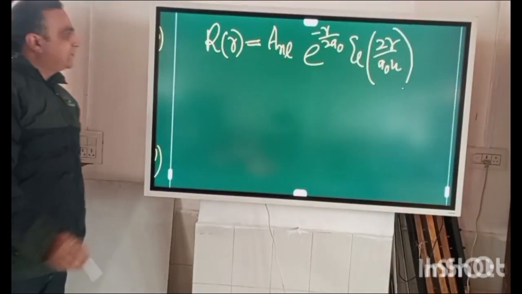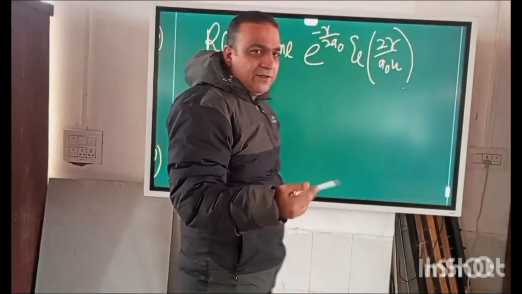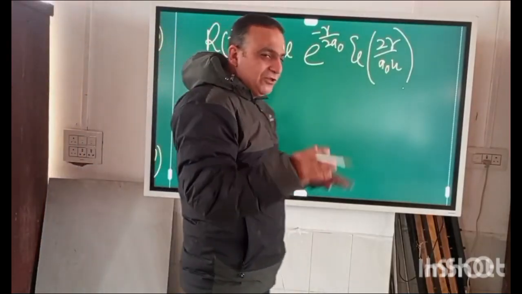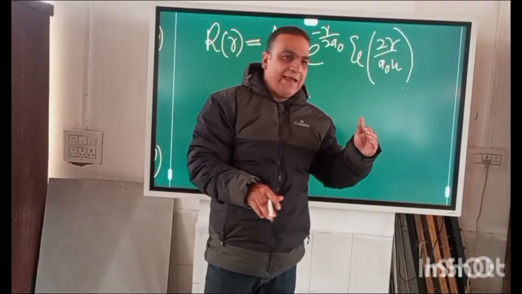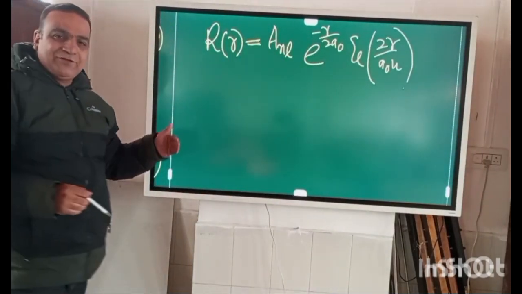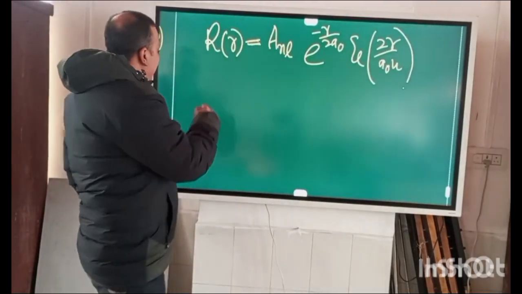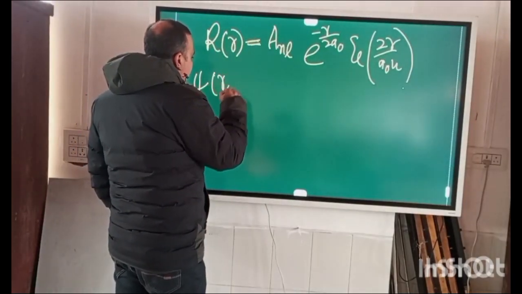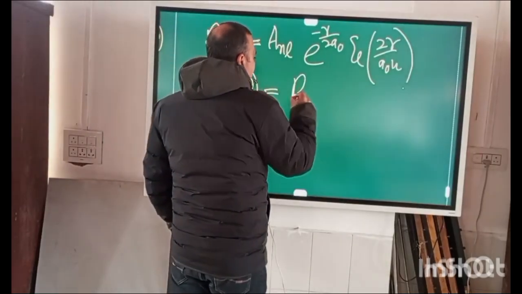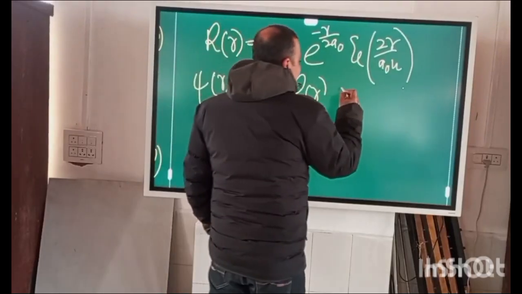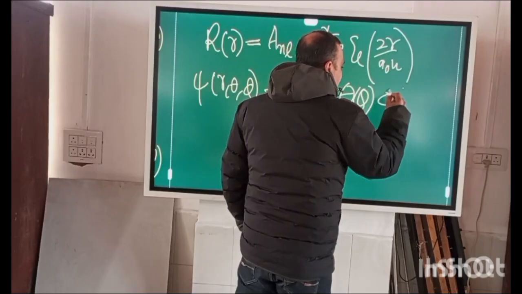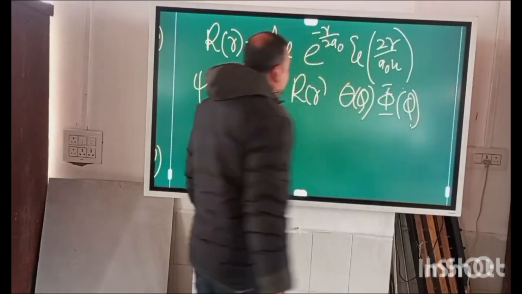Okay? So somehow these are the solutions of the three independent parts: the radial part, and then the two solutions, what we call the angular part (theta part) and the azimuthal angle part, right? So when we have to write down the total wave function, psi of r, theta and phi, that will incorporate R of r, Theta of theta, and Phi of phi.